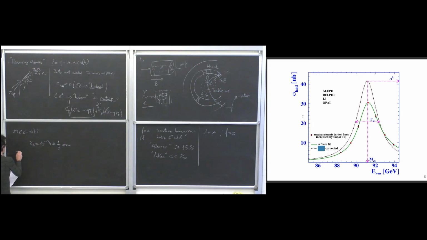So this tau b is, in the first place, much longer than the typical length scale of QCD interaction, which is of the order of 1 femtometer.